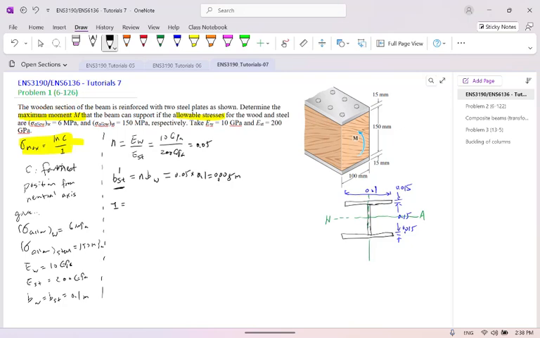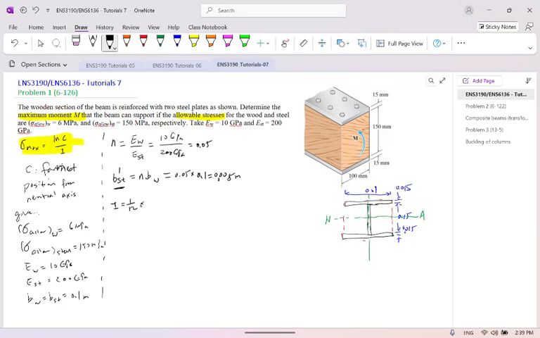Okay? So for here, I can work as one big block, as I mentioned in lecture 2. I can have one big block and subtract the void. That's why I use this way to do the workout.